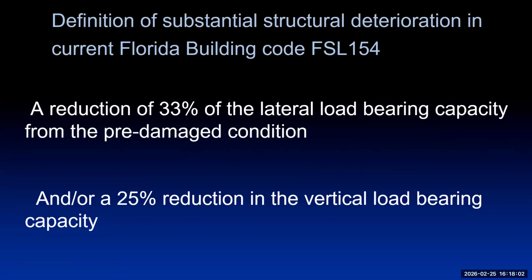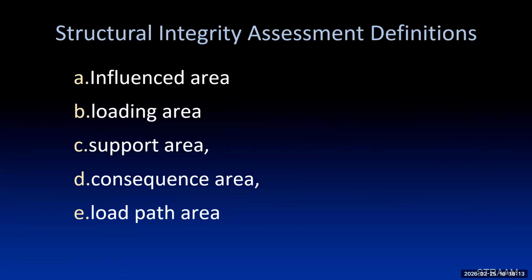And vertical loading, if there is a 25% reduction in the vertical load-bearing capacity, then that also says you have structural deterioration. So let's look at these items: influence area, loading area, support area, consequence area, and load path area.